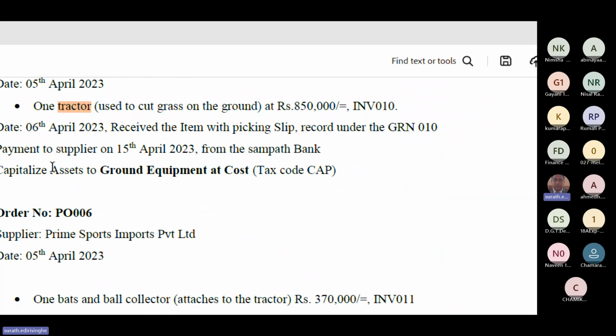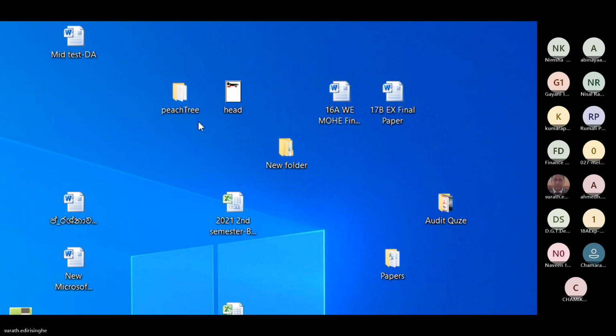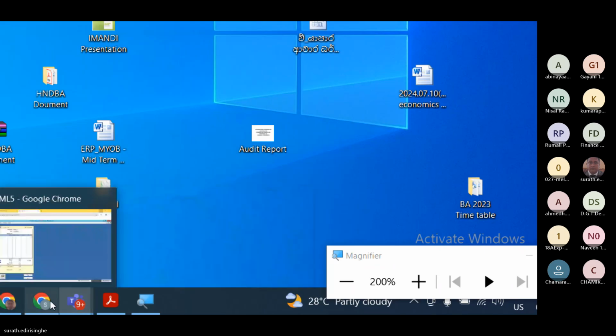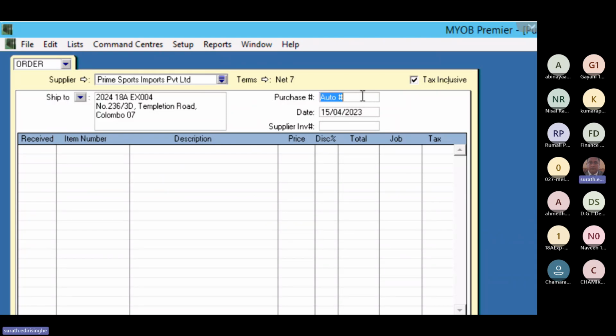Tractor, INV 10, GRN 10, PO 010, April 5th, INV 010.